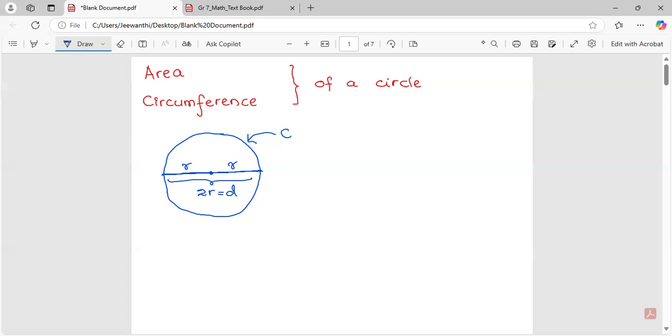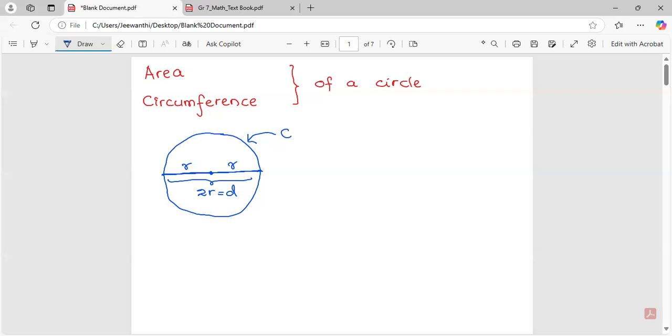If it is a square, we add all 4 sides; likewise for a rectangle, parallelogram, or triangle. But here I don't have such a thing. So mathematicians did many investigations, calculated, and introduced the formulas for circles: how to find the area of a circle and how to find the circumference of a circle.